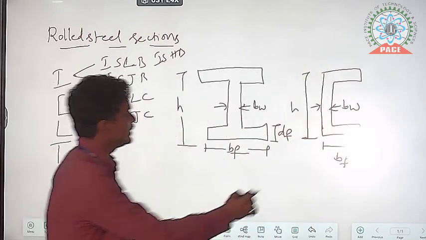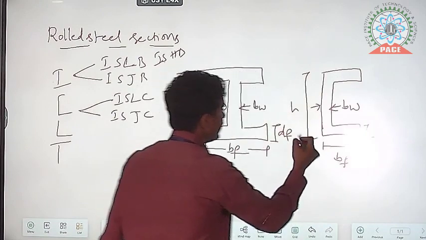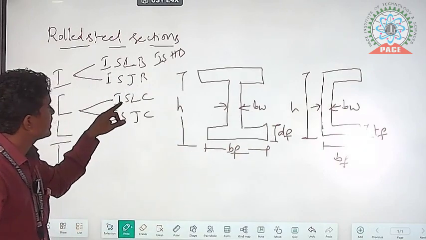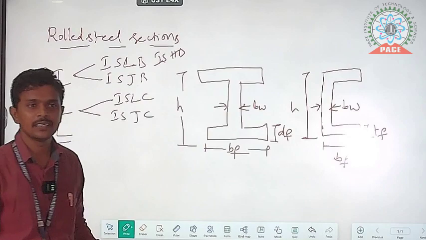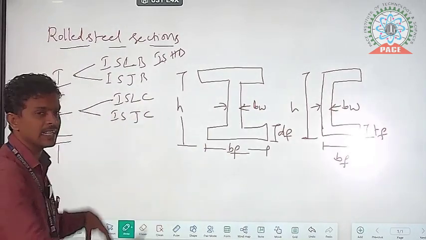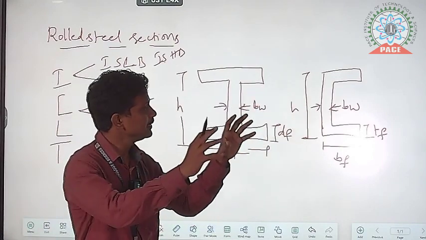So Indian Standard Light Channel, Indian Standard Junior Channel. Like that, different types of channels also there. If you go for another channel, those properties also may get changed. Whatever the section we need, that section only we have to take. That is about the ISJC.